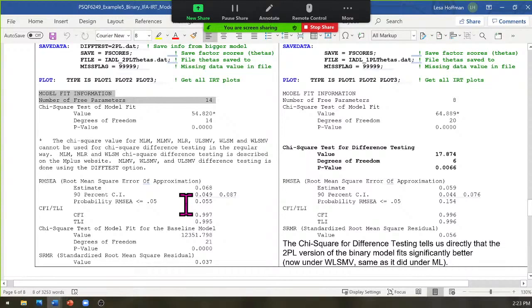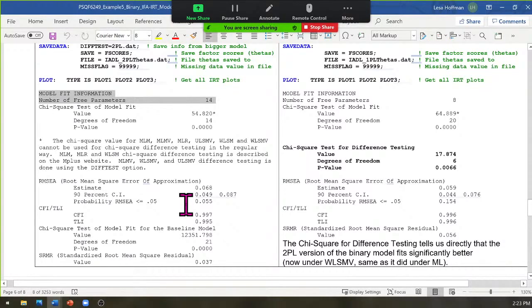So on the left panel, in addition to asking it to save my factor scores like normal, I am asking it to add an option called DIFFTEST equals, and then after the equal sign is the name of a data set.